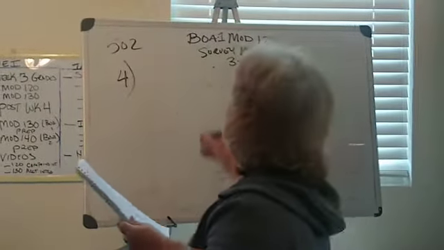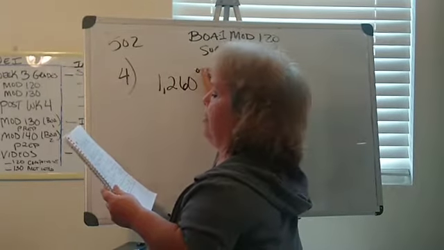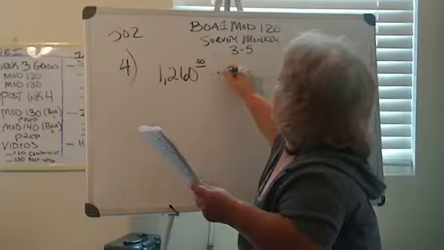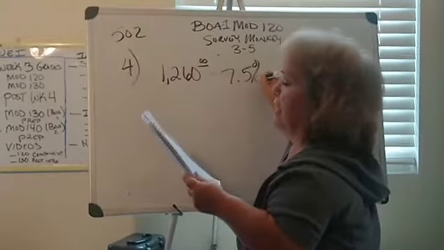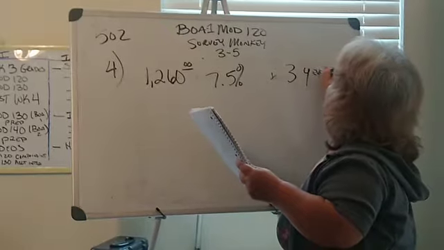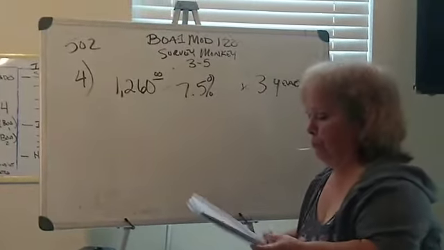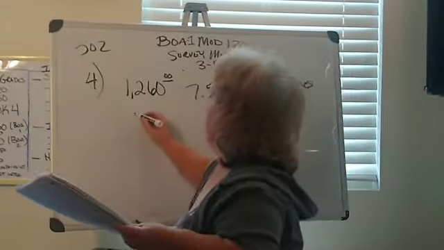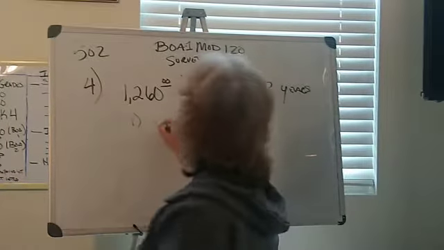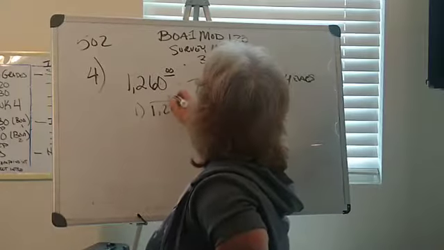The loan is $1,260, paid at 7.5% annually for 3 years. Okay, so what do we do? First, we have to figure out the first year. It's going to be $1,260.